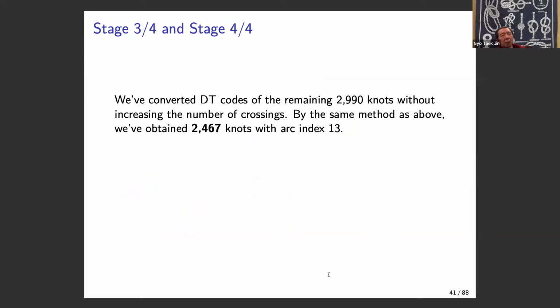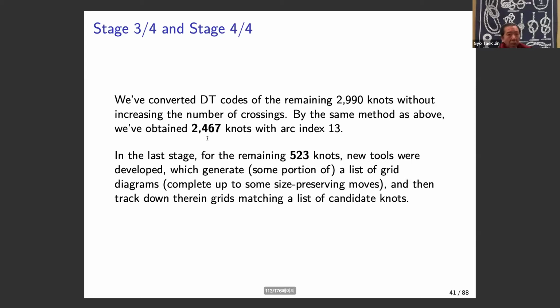And we still have 2,990 left, and then we changed the diagram without increasing the number of crossings, and then we repeated the same method, and still we had 523 left.